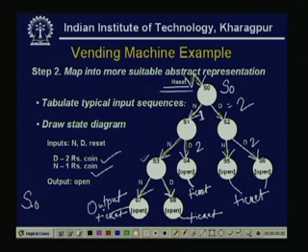So, every machine has some starting state or initial state, which the machine will reach after resetting. So, S0, S1, S2, S3, S4, S5, S6, S7, S8. So, there can be 9 states here.